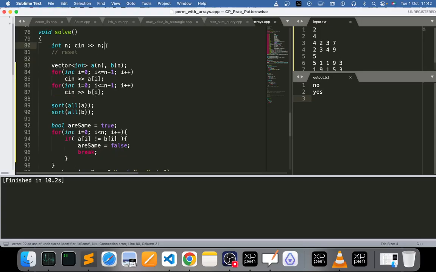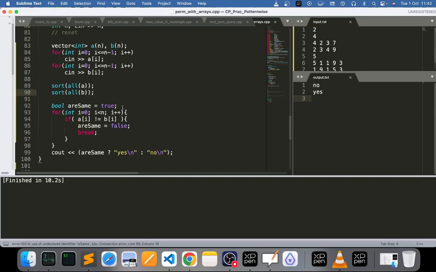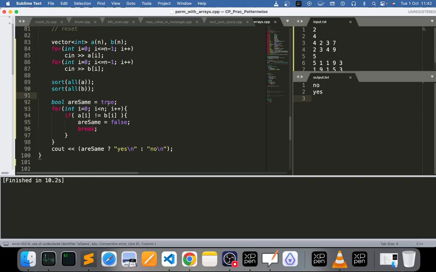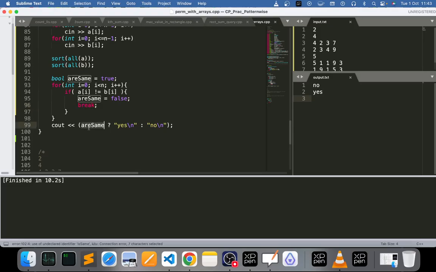So we take the input of n, we take the input for A and B, we sort them, and we initialize a flag called both_are_same as true, and then we just iterate over the indices. It's sufficient to say that if there exists an index where A[i] is not equal to B[i], they are not the same, and we break out. And based on this flag, we just report yes or no. So that's the complete code.